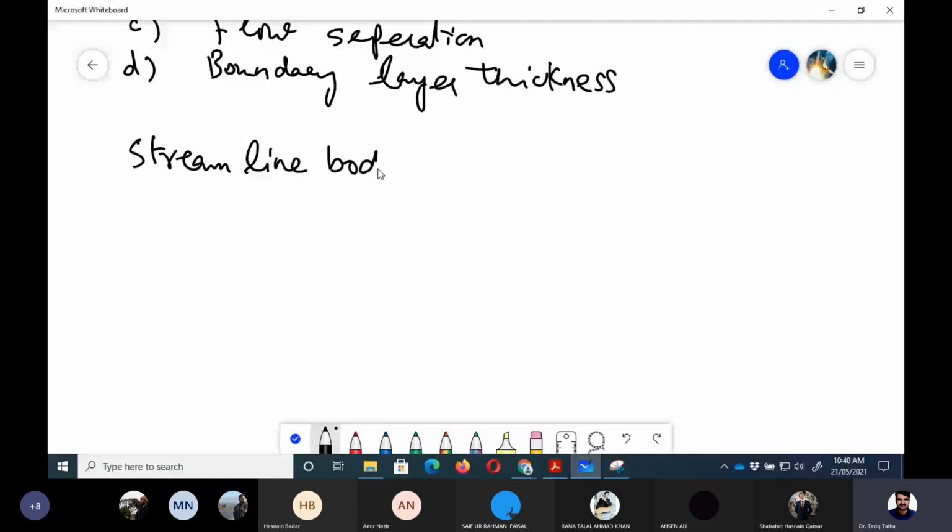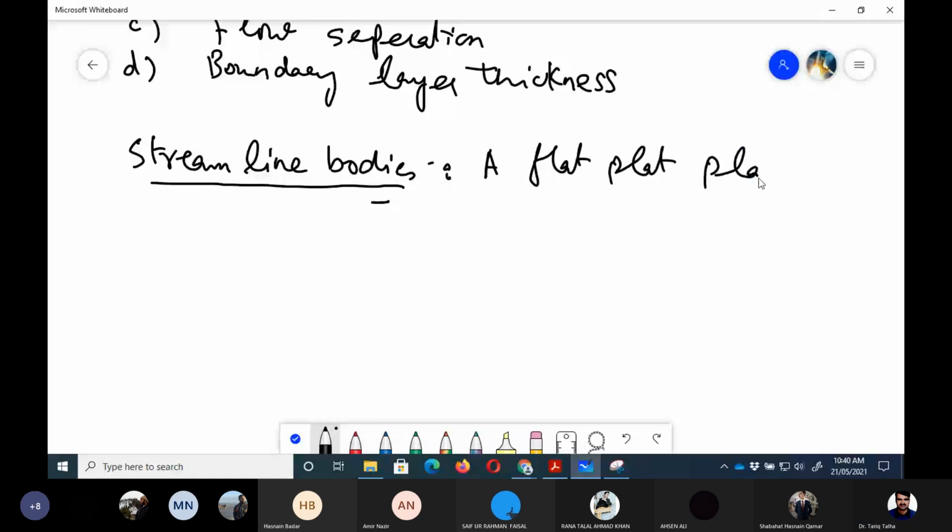What is an example of a streamlined body? A thin flat plate placed parallel to the flow direction.